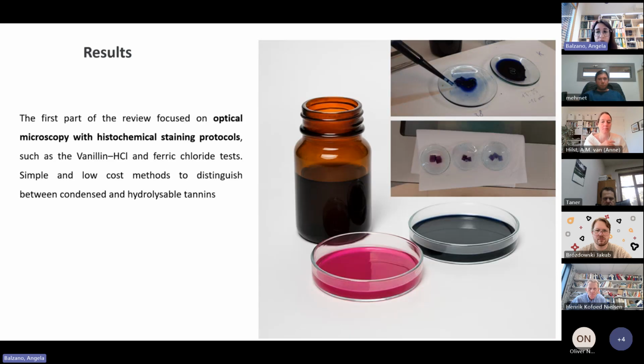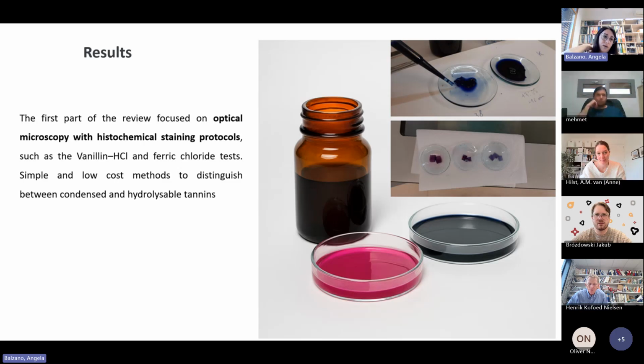I reviewed firstly the techniques for optical microscopy, with methodologies that have been used a long time ago, such as the protocols with the vanillin or ferric chloride tests.